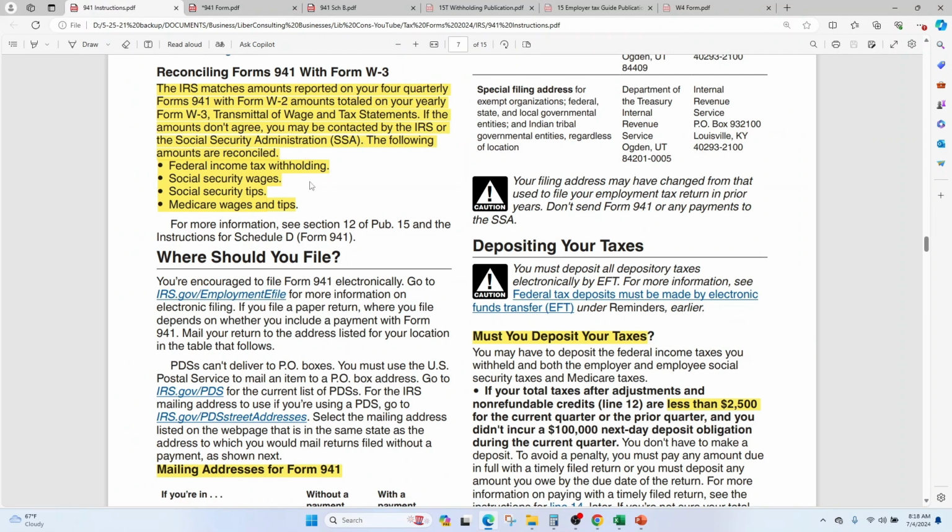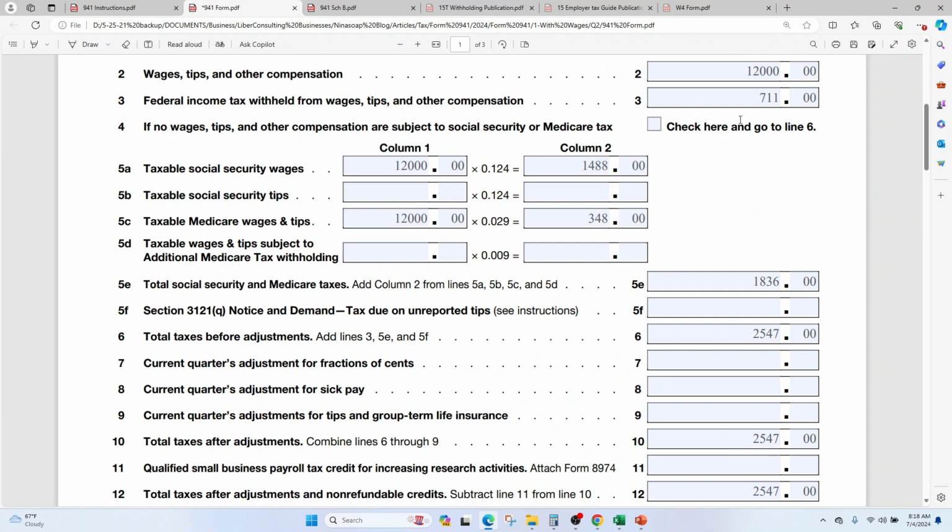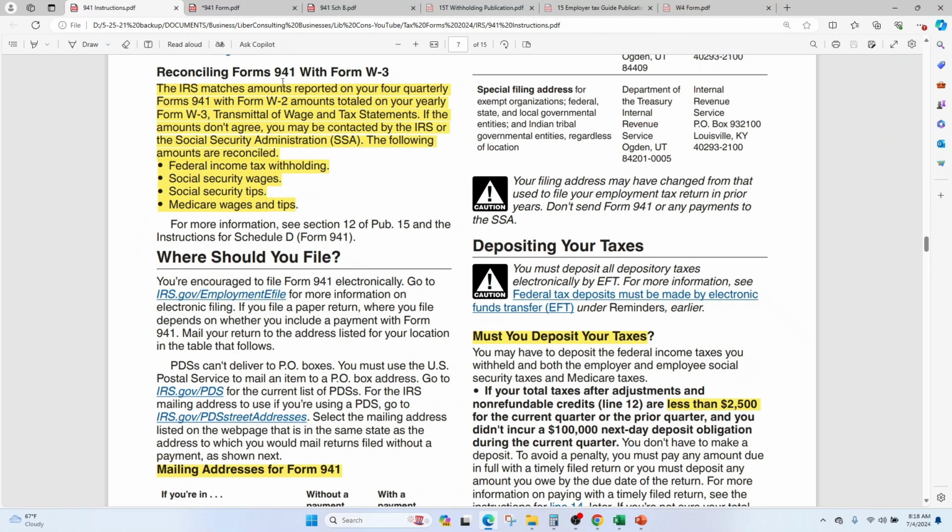That way you are already reconciling both, because you will total all four Form 941s to compare to your W-3, to see if the numbers match for what you reported for four quarters of line 3 and four quarters of column 1 of line 5, compared to the W-3 on Social Security.